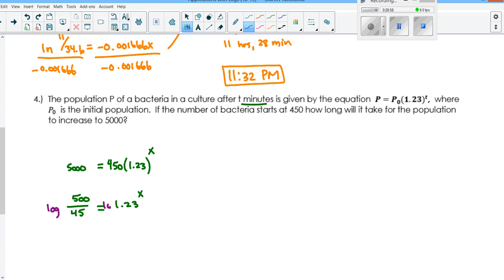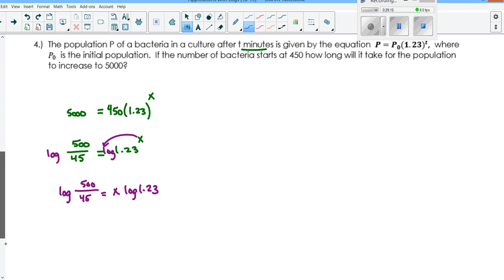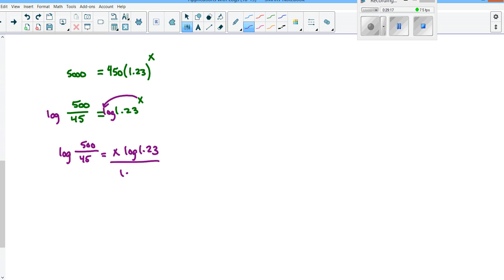You could take the log or natural log, it does not matter. It brings your x down. So the log of 500 divided by 45 equals x log of 1.23. Okay, last step, divide by log of 1.23.